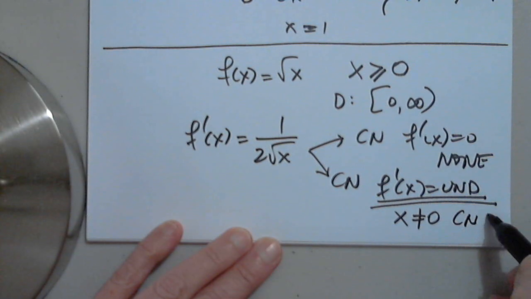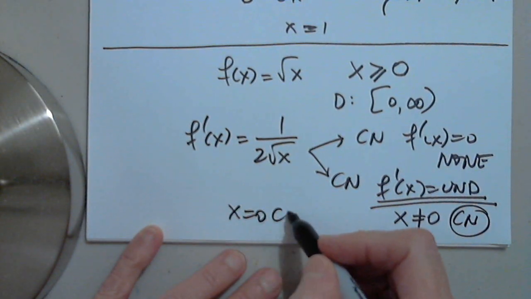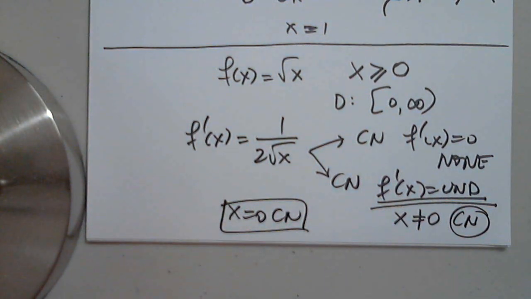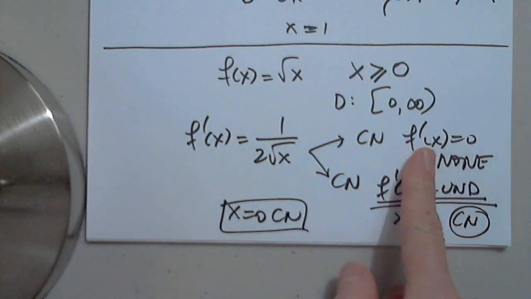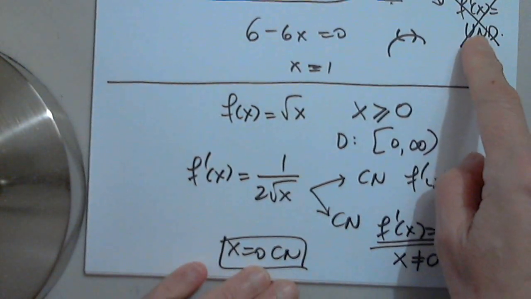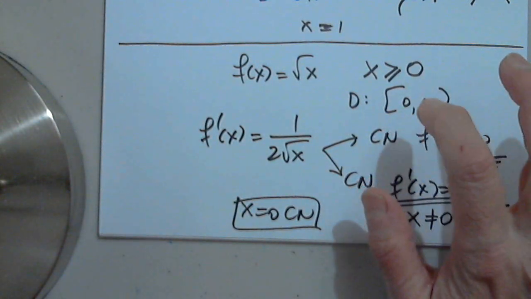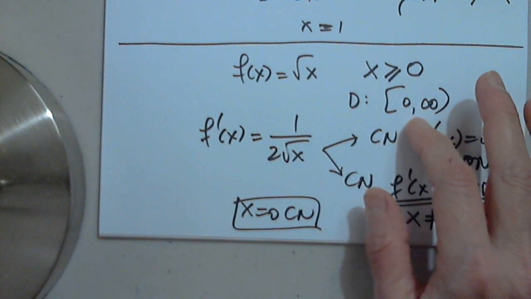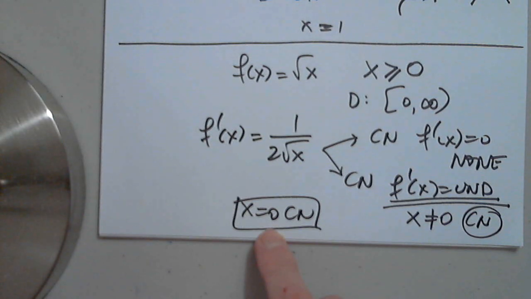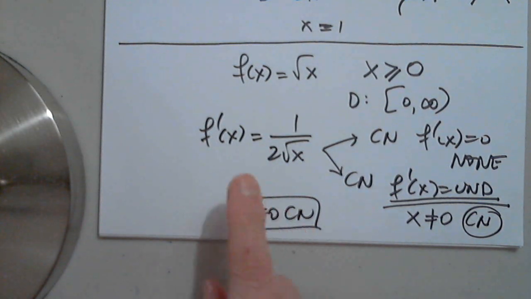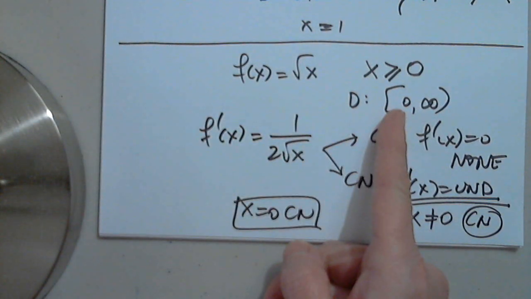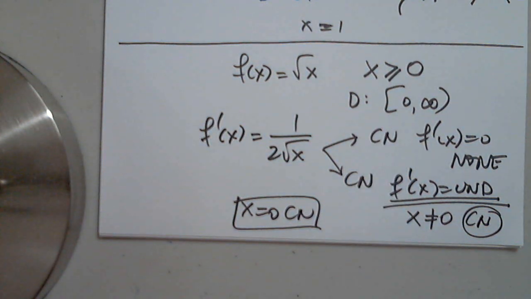So x equals 0 is a critical number, coming not from f prime of x being 0, but from f prime of x being undefined where the function is defined. f of 0 is 0, but the function does not have a derivative there. The derivative does not exist at 0. That's a critical number, and it happens to be the absolute minimum as well for this function.